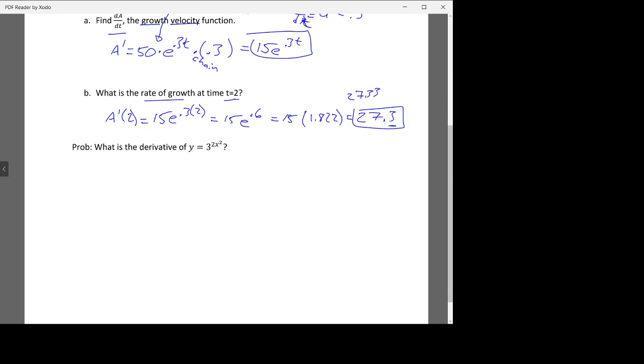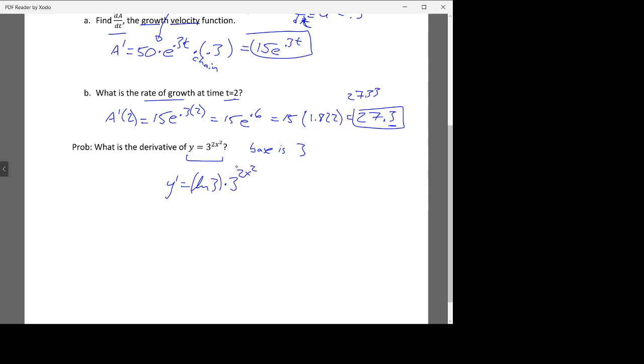So what's the derivative of this thing? y equals 3 to the 2x squared. That's a little weird one. So you say, all right, y prime equals. That's not e, it's an exponential function with base 3. So we want to write it's 3 to the 2x squared. But the problem is this is not base e, so we need to do that little natural log of 3 on the front, like by that rule on the last page.